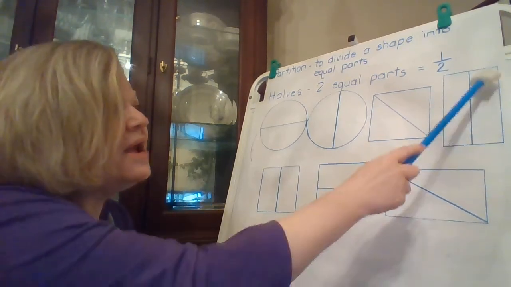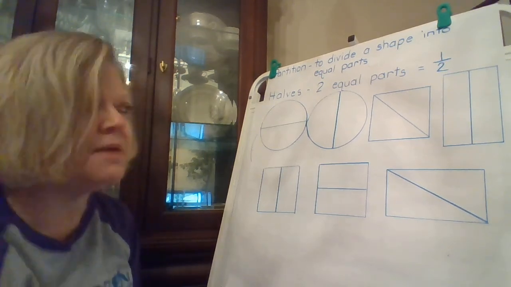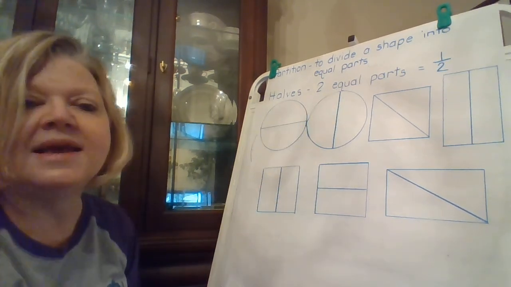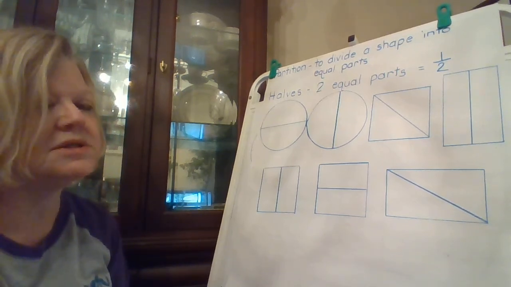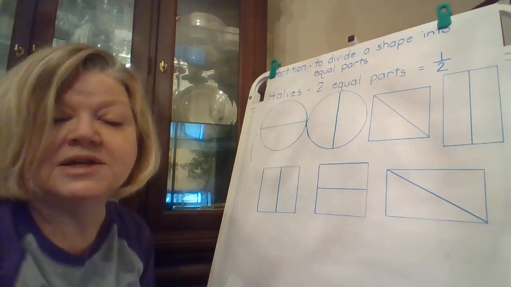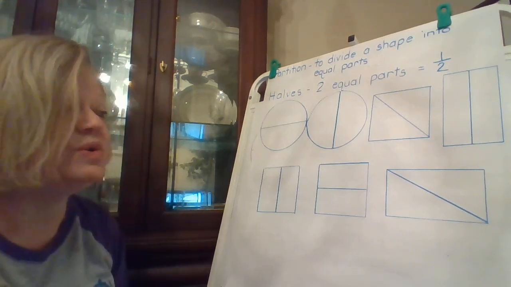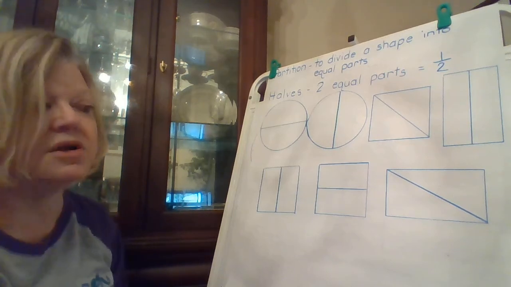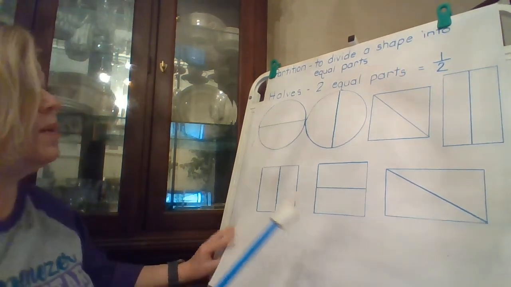This could be a rectangular cake, or candy bars come in rectangles. And we can divide those into 2 equal parts. Or let's use our math word for today. We can partition them into 2 equal parts. Those halves are 2 equal parts.